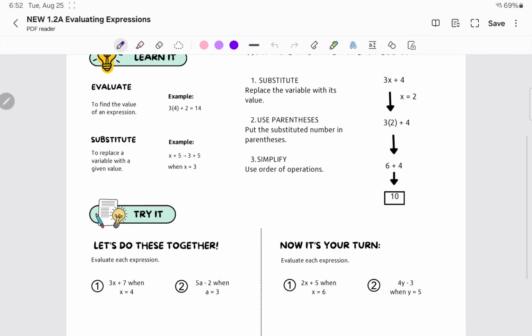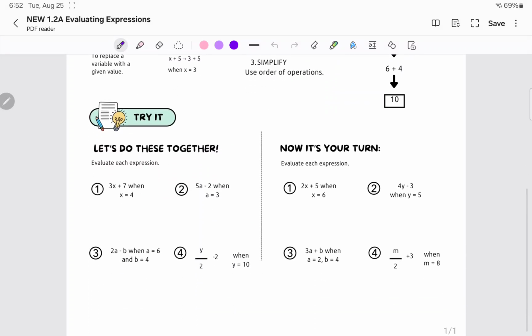So let's now look at these examples that we're going to do together. I'm going to do 1 through 4, and then you're going to pause the video and try the next 4 on your own. All right, number 1, 3x plus 7 when x equals 4. So I'm going to substitute first. It says x is 4, so I'm going to place 4 in place of x, and I'm going to use parentheses to do that.